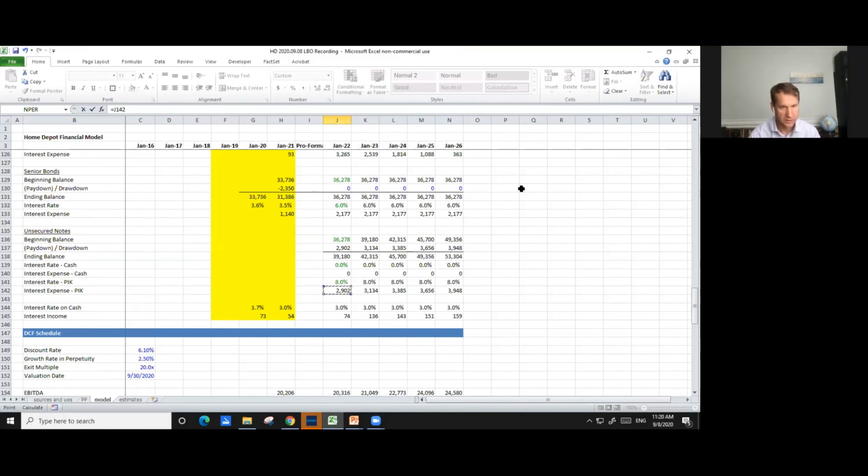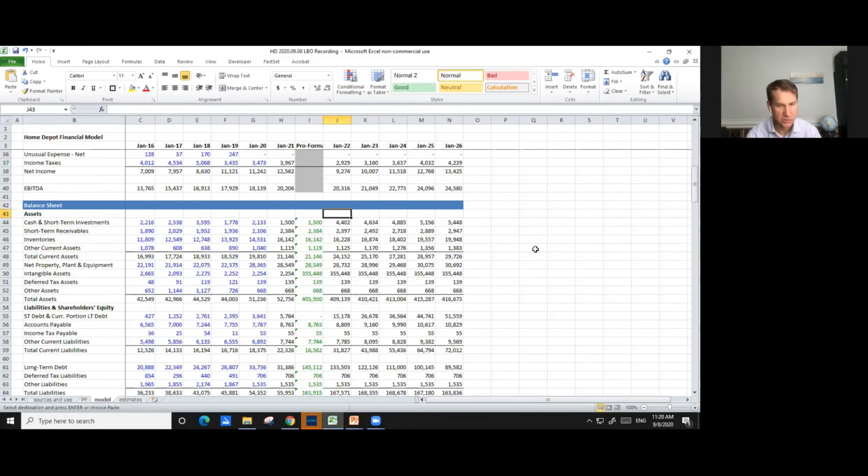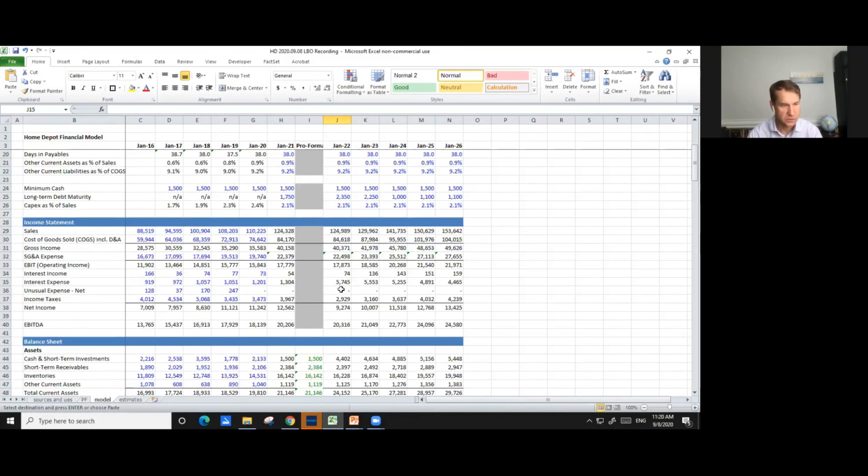So I'll add it back. Let me see, it's captured. So my balance sheet doesn't balance again. That's fine because I also would add that PIK interest expense to my interest expense.